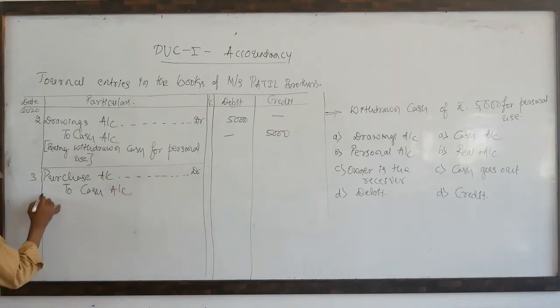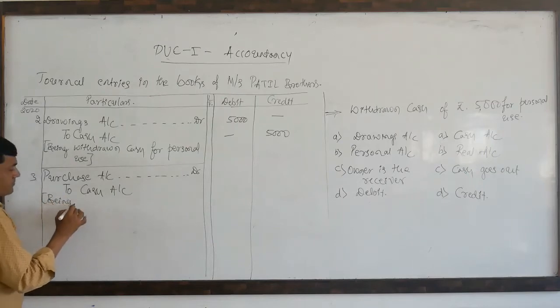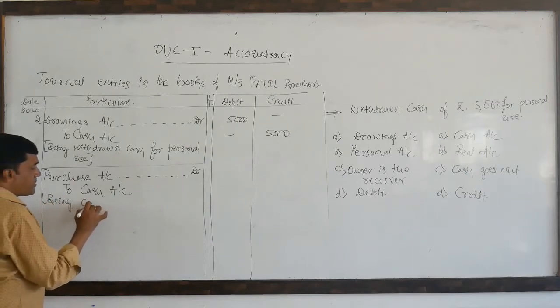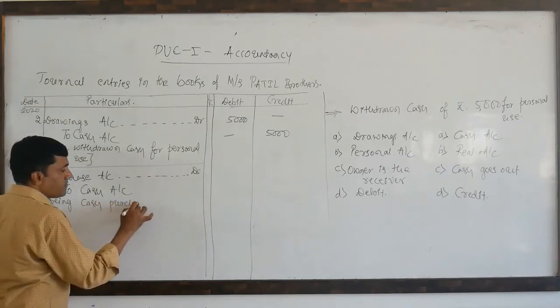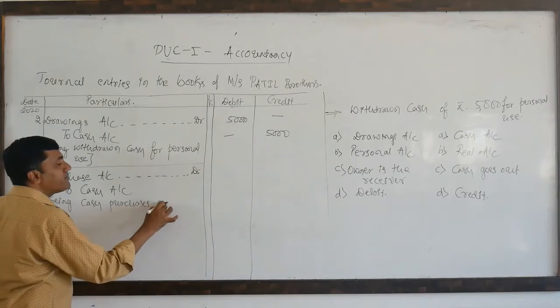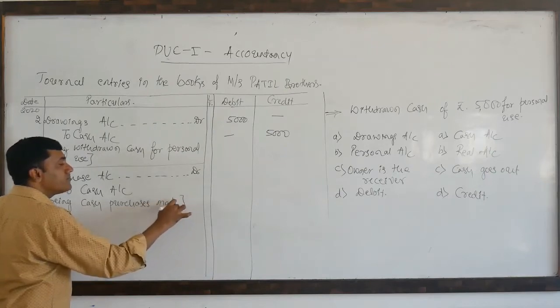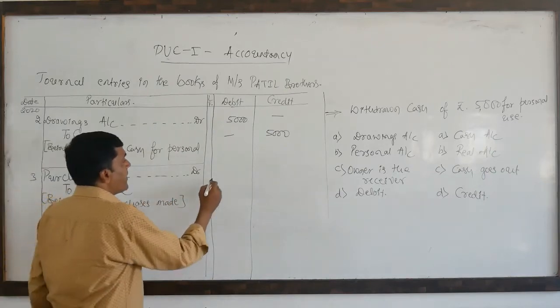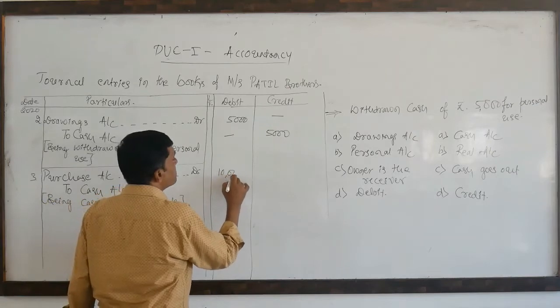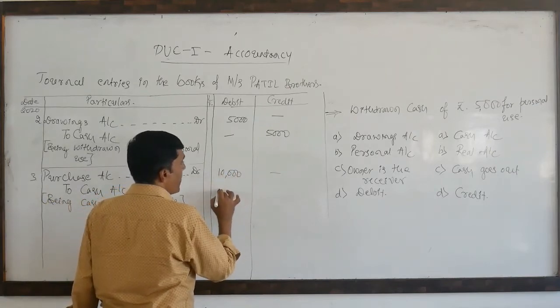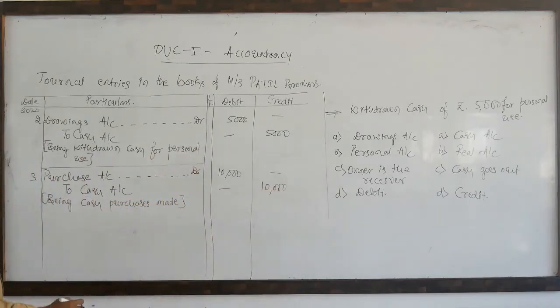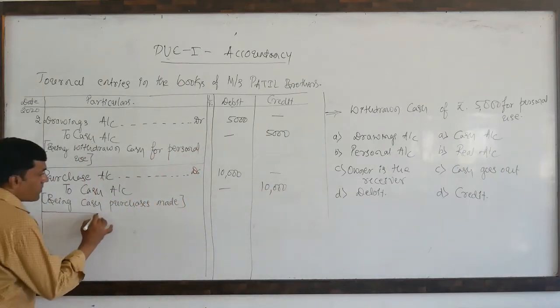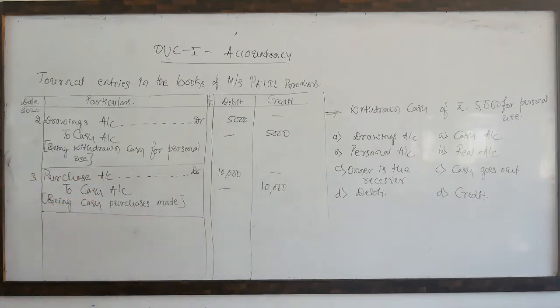So here we need to write narration: being cash purchases made. So amount you can write like this, 10,000. These are the imaginary figures. What I am writing here, these are the imaginary figures. So with this, the third entry is completed.